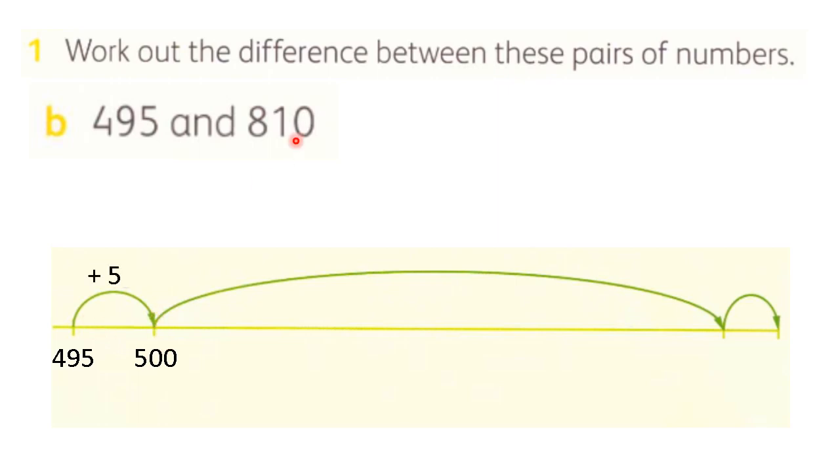From 500, we'll go all the way up to 800, which is a jump of 300. And finally, from 800 to 810, which is a jump of 10. Our difference is 5 plus 300 plus 10, which equals 315.